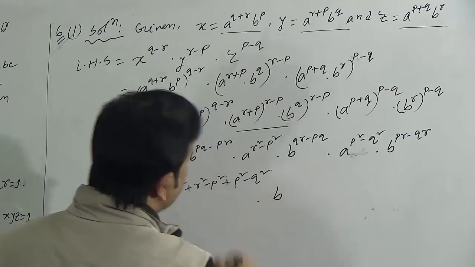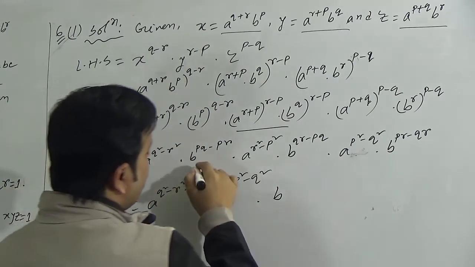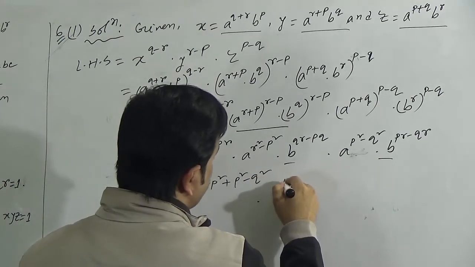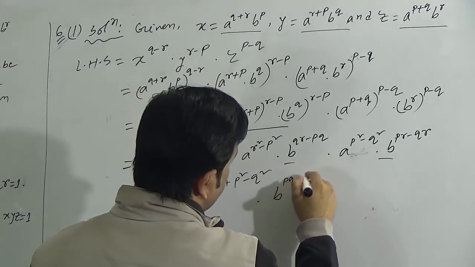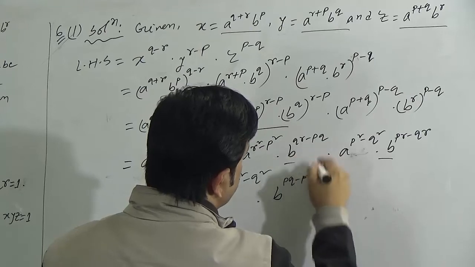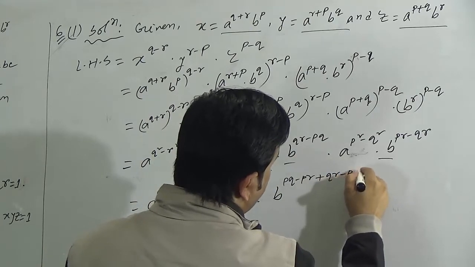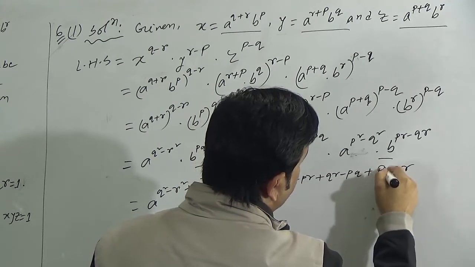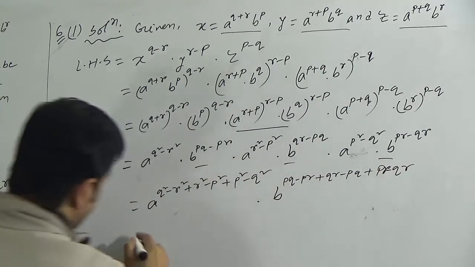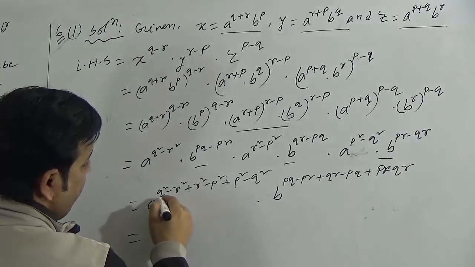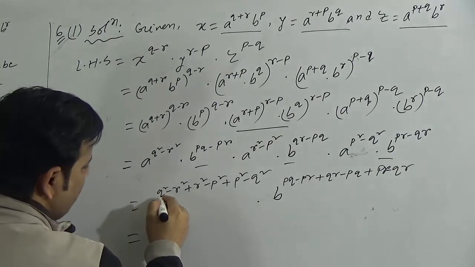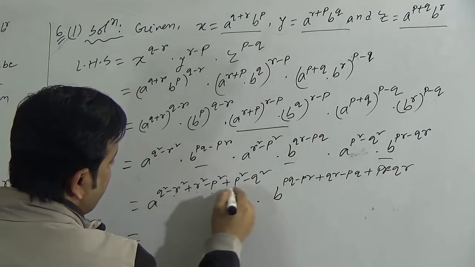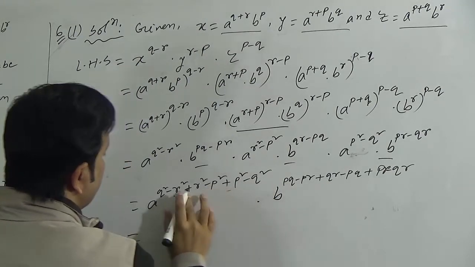Now here is b to the power pq, b and b, so we can add the indices here. So pq-pr plus qr-pq plus pr-qr. Now if you notice here, this q square is positive, this one is negative, r square positive, negative, p square positive, negative. So these vanish each other.